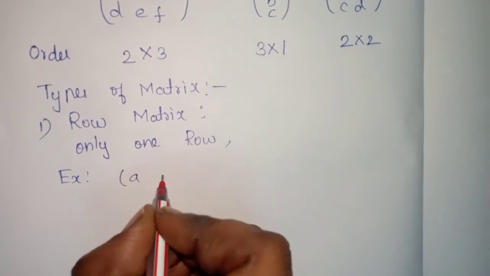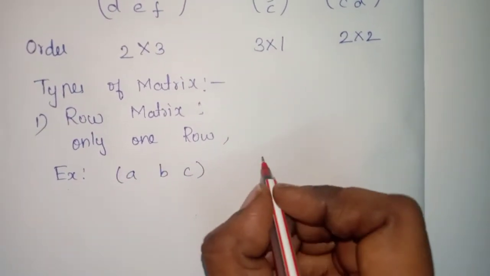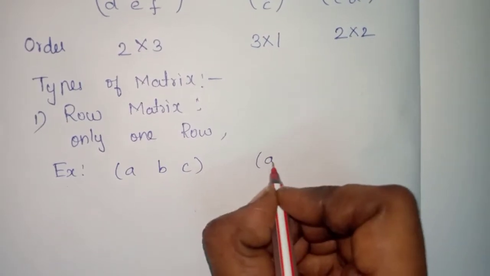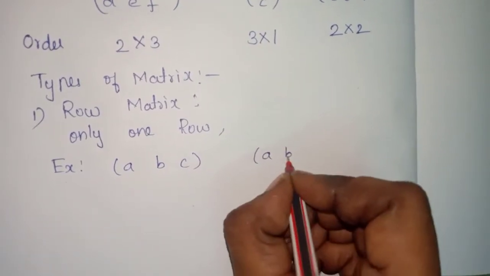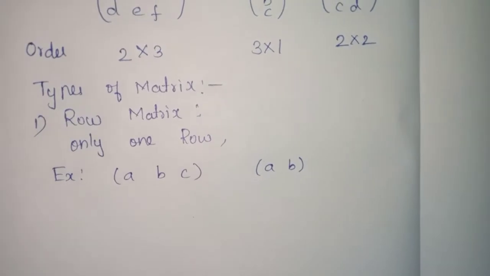For example, this matrix contains only one row, but it has many columns.